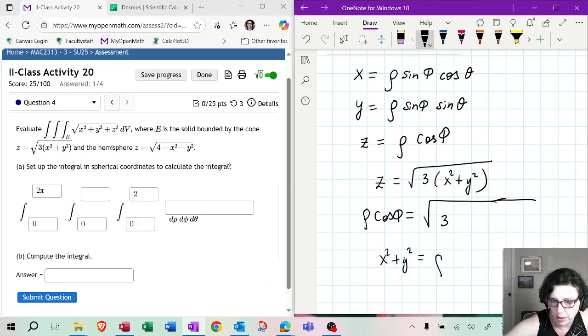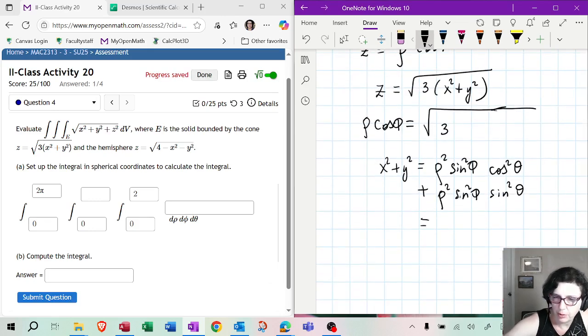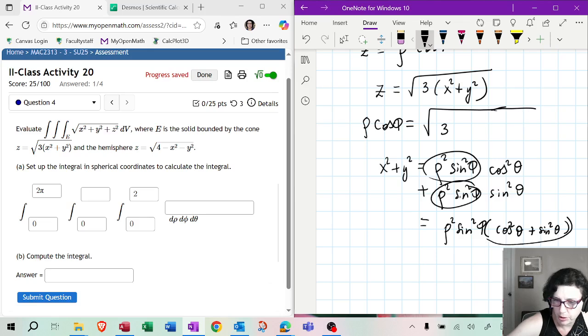You will get rho squared sine squared phi cosine squared theta plus rho squared sine squared phi sine squared theta. Something can be factored out, namely rho squared sine squared phi, and in parentheses you get cosine squared theta plus sine squared theta, which is just 1. So x squared plus y squared is rho squared sine squared phi.